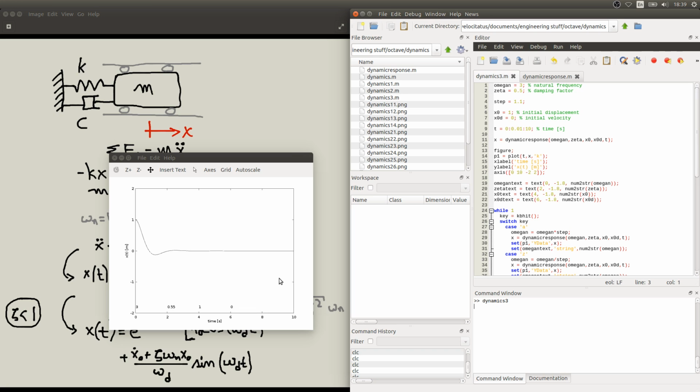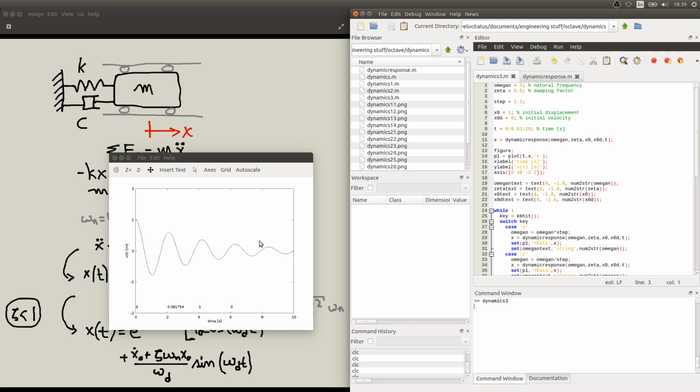So if we increase our damping, we see that the oscillation dies out even faster, and to the point where we have an overdamped system, so our zeta is greater than 1. If we go the opposite way, we decrease the damping, we'll see that our oscillations persist for longer and longer until we go back to the system without any damping, so the oscillations are just maintained like so.